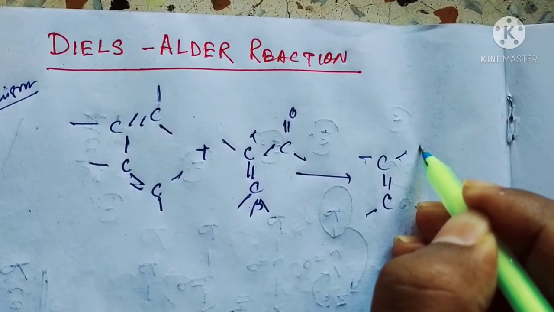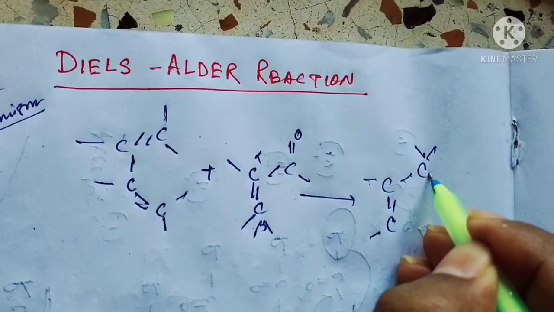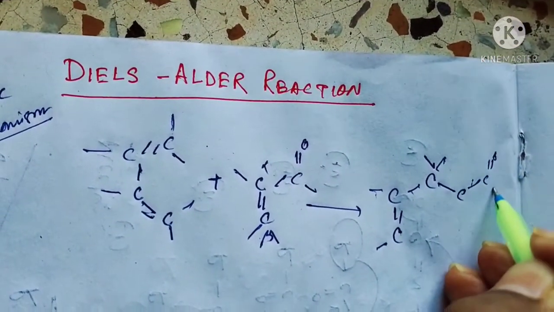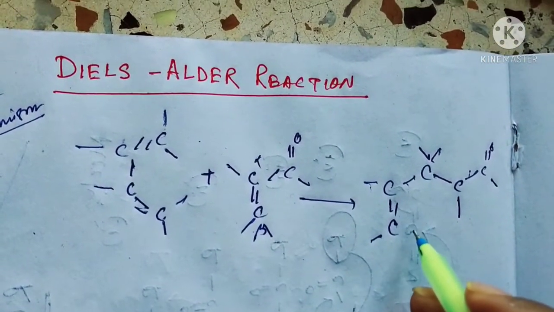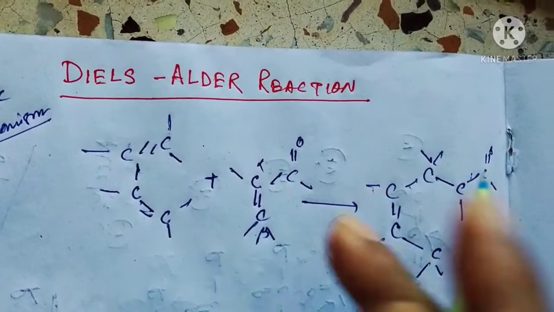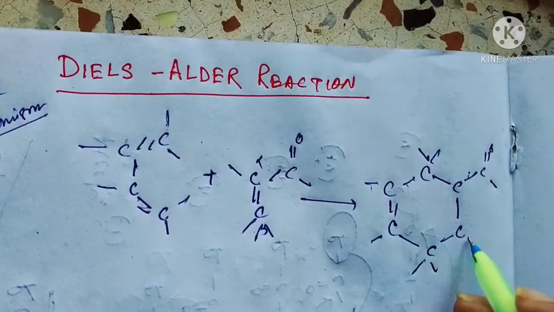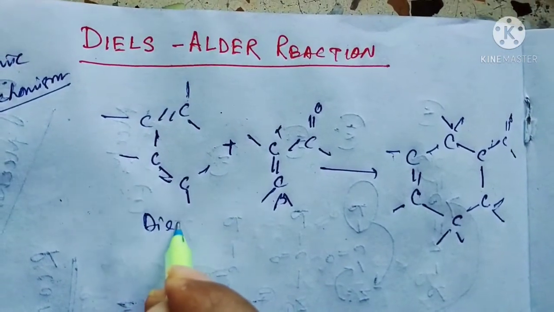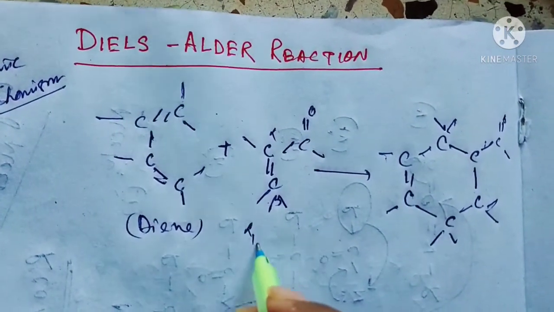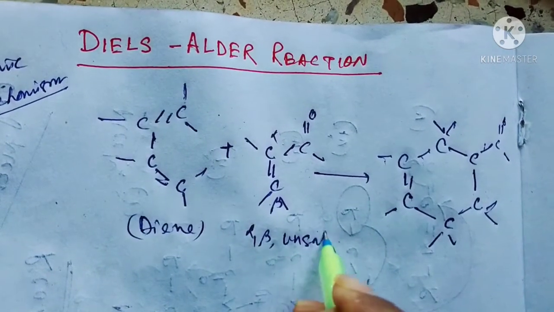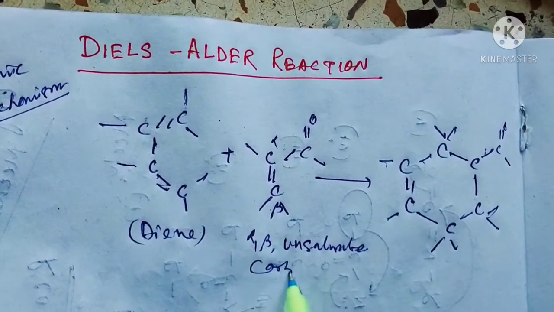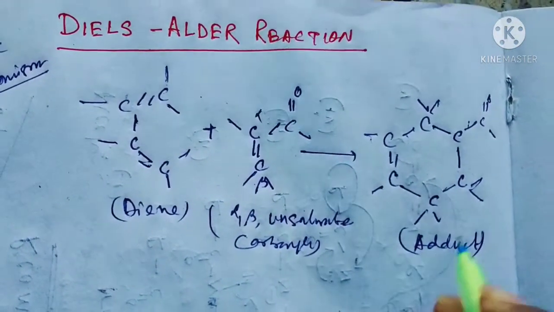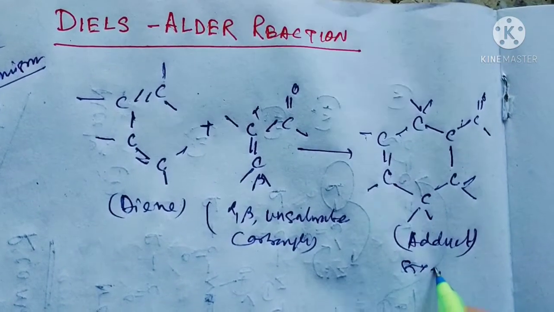See, they are actually joined, and this is the formation. Actually this is our diene, and this one is our alpha beta unsaturated carbonyl compound, and this is our adduct. Okay, six-membered ring.